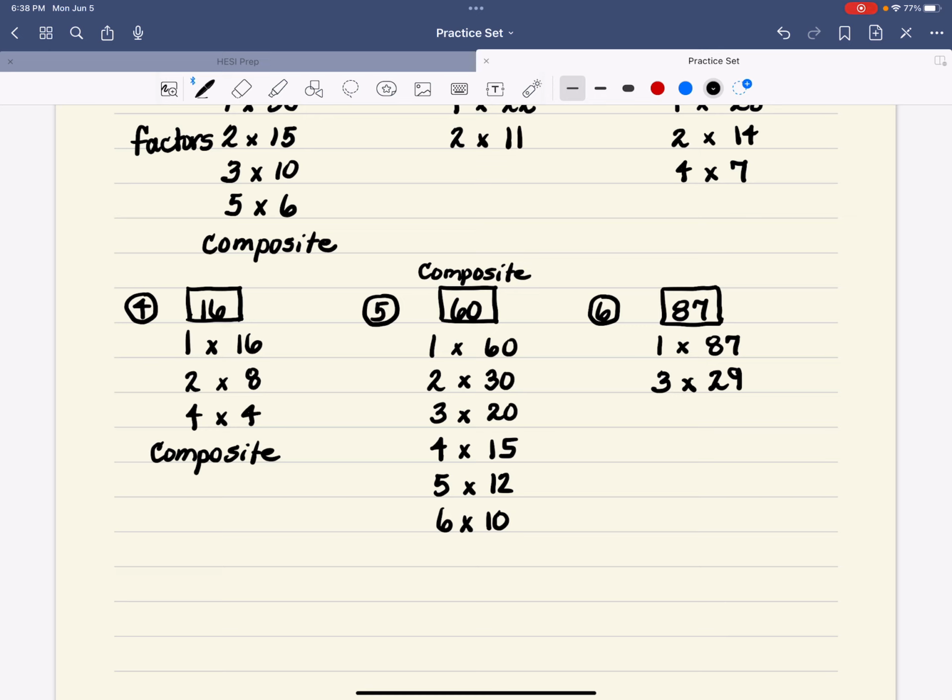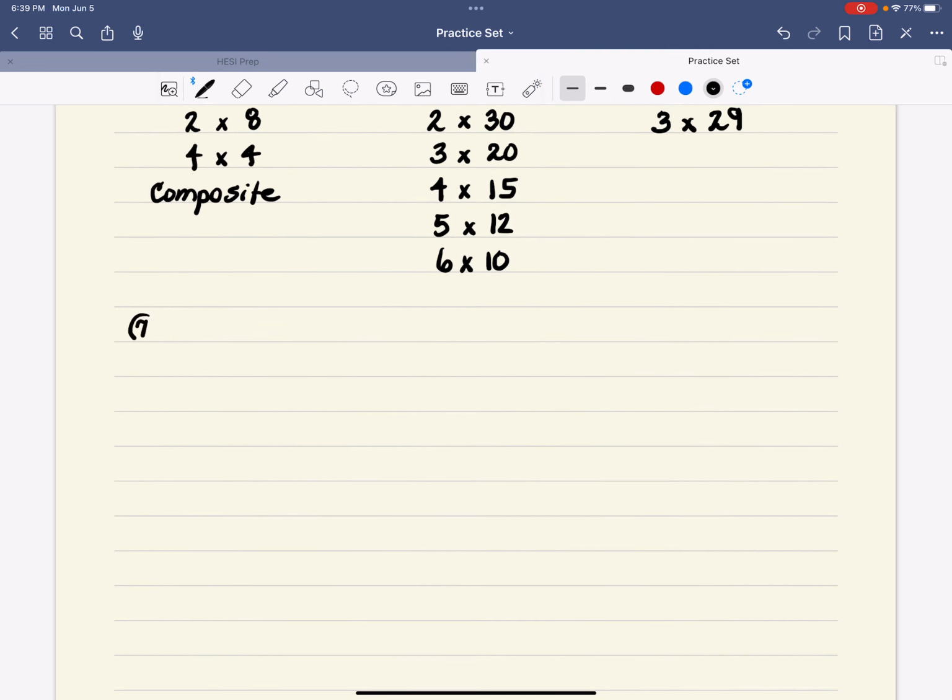Let's try 6. 6 won't. 7, 8, 9, 10, 11, 12. I believe that's all. Possibly 13. No. 14, 15, 16. The only other one I can think of is possibly a 19, and that's not. So I don't believe there are any more, but we can already say that it is composite.